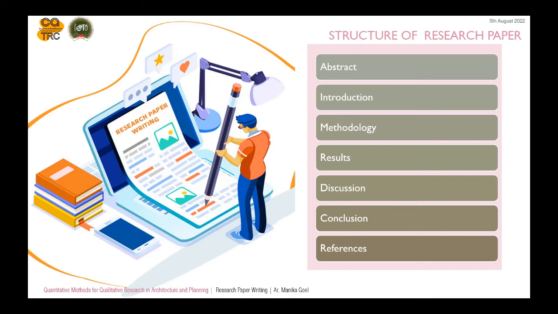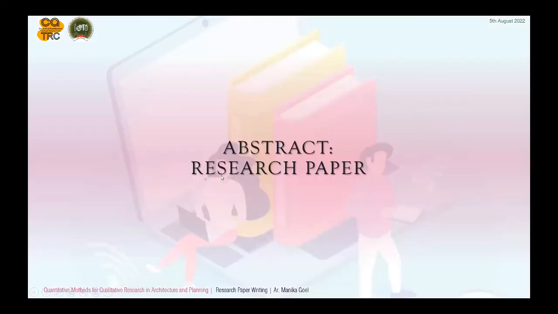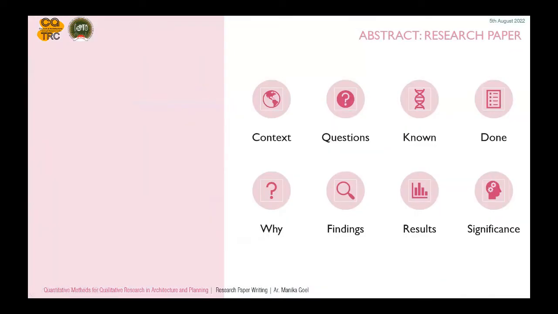Coming to the first heading, the abstract, it talks about the content and the general topic. Under it, it can be a specific topic of your research also. You define the questions here. You also give the problem of your research design, what is already known, what previous research has done or shown, and you give the reasons or goals of your research by explaining why it is important to address these questions.